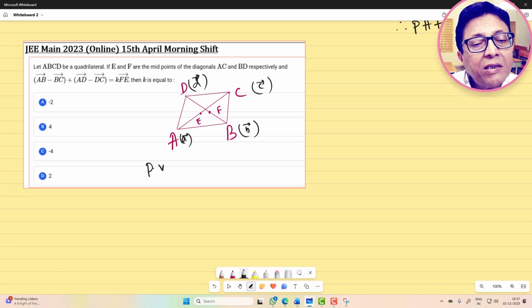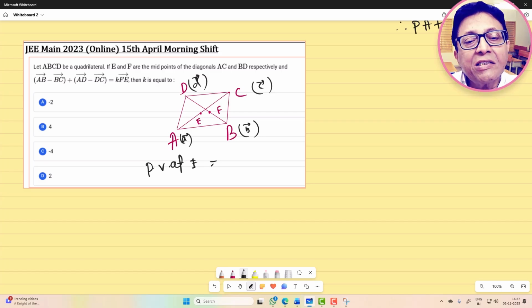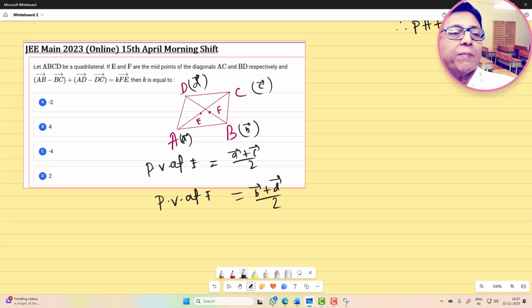Then the position vector of E is going to be what? It is the midpoint of AC, you all know it: A plus C divided by 2, and the position vector of F is B plus D divided by 2.